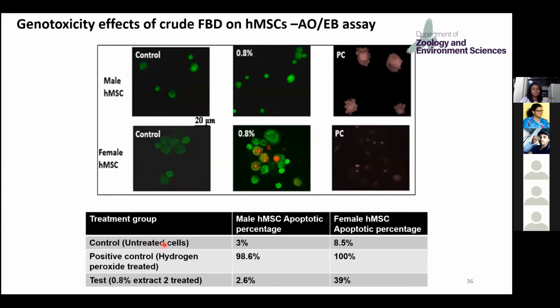So the control means the untreated cells. The males had 3% apoptotic cells, and the female HMSC's apoptotic percentage was 8.5 in the control line.